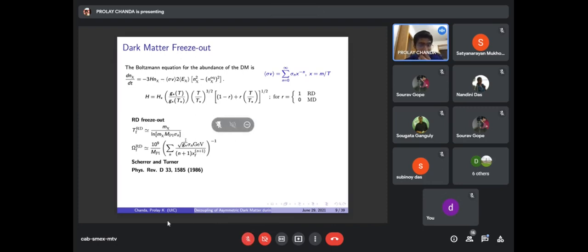So what I was saying is that here is the solution for the freeze out temperature, and here is the solution for the freeze out relic density. Now, two important points are that the freeze out temperature depends logarithmically on the cross section.